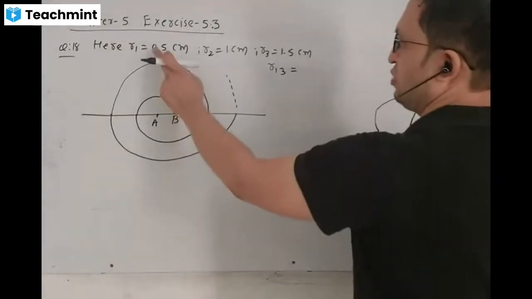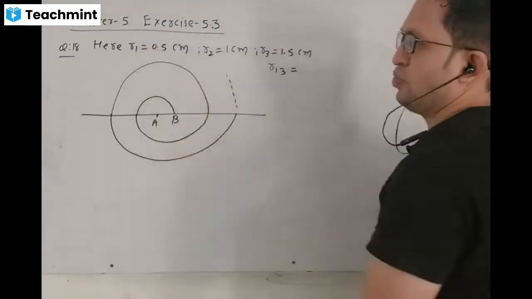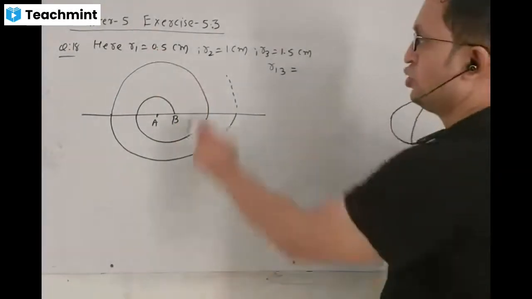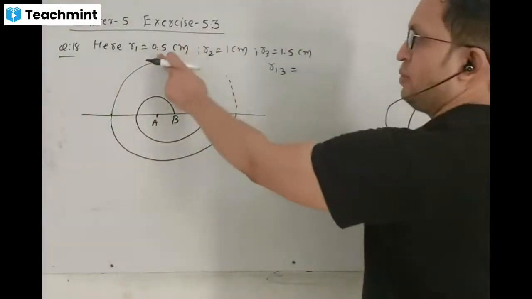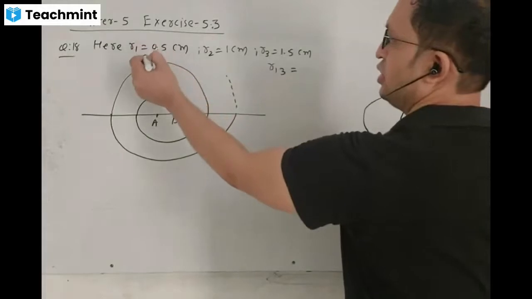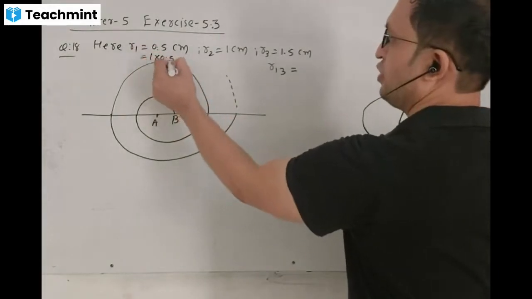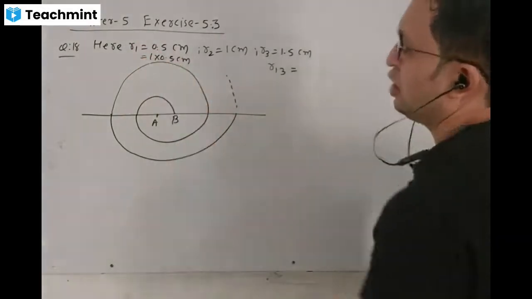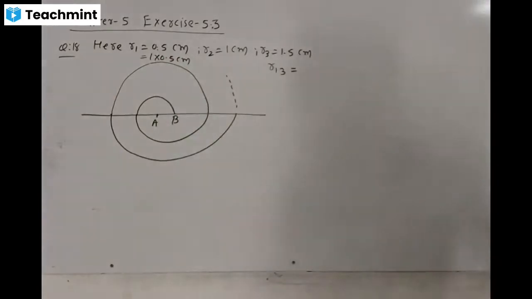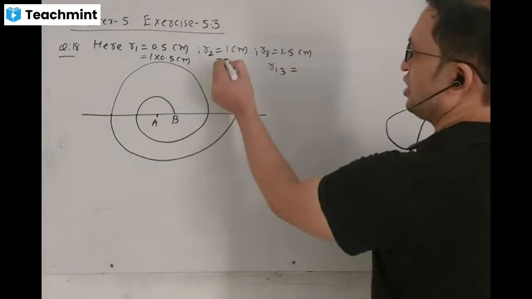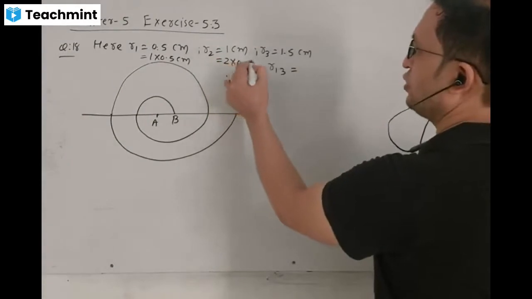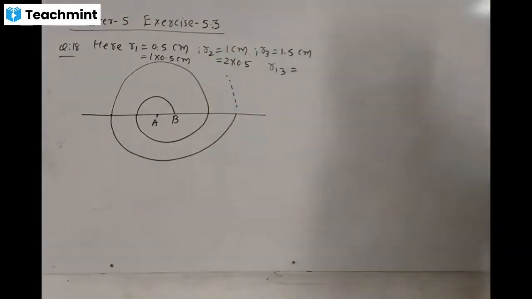What is the radius of the first? 1 multiply 0.5, 2 multiply 0.5. Radius of the first semicircle is 1 into 0.5. Radius of the second semicircle is 2 into 0.5, that is equal to 1 centimeter.